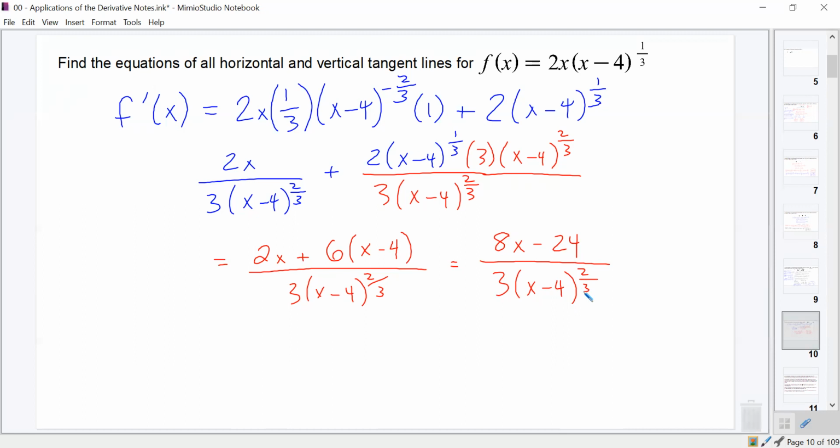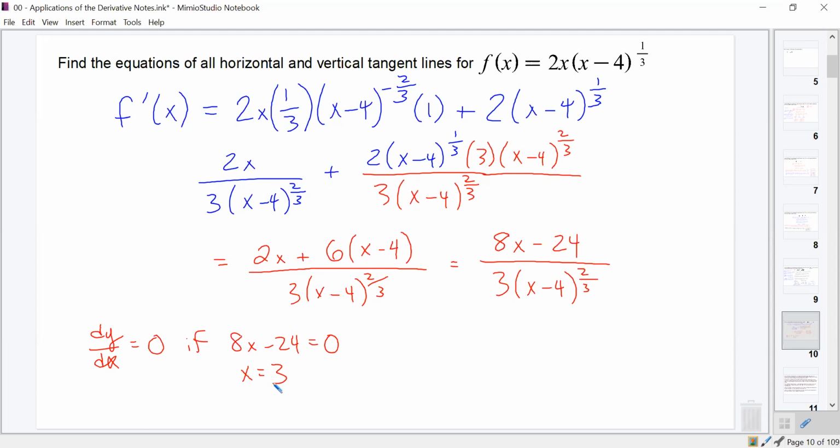We just need to figure out when does it equal 0 and when does it become undefined. So our derivative will equal 0, as any fraction equals 0, if the numerator of that fraction equals 0. So we'll say dy/dx equals 0 if 8x minus 24 equals 0. A little quick algebra tells us that that's x equals 3.